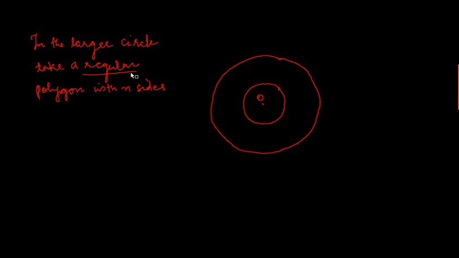What is a regular polygon? This is a polygon with equal sides. In the larger circle, we are taking a polygon with n sides.